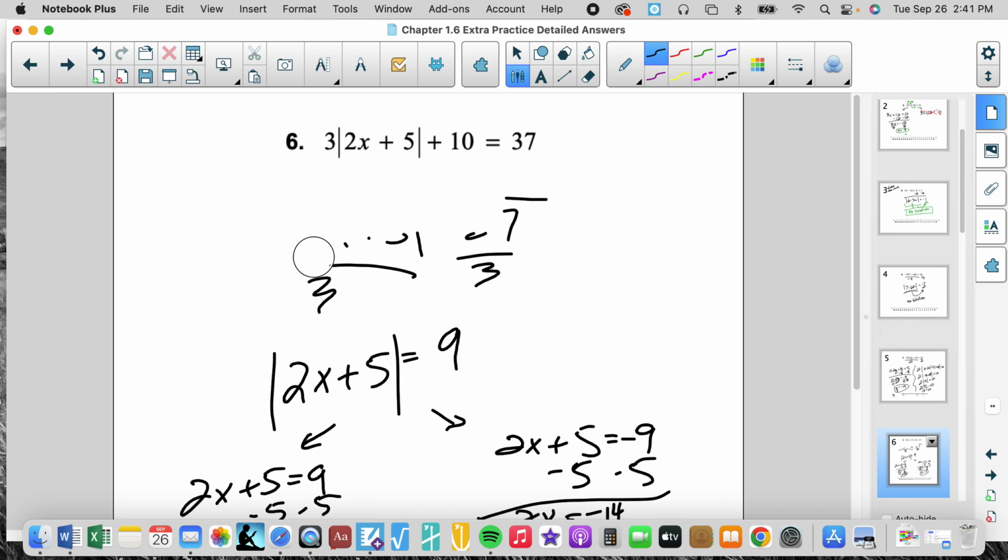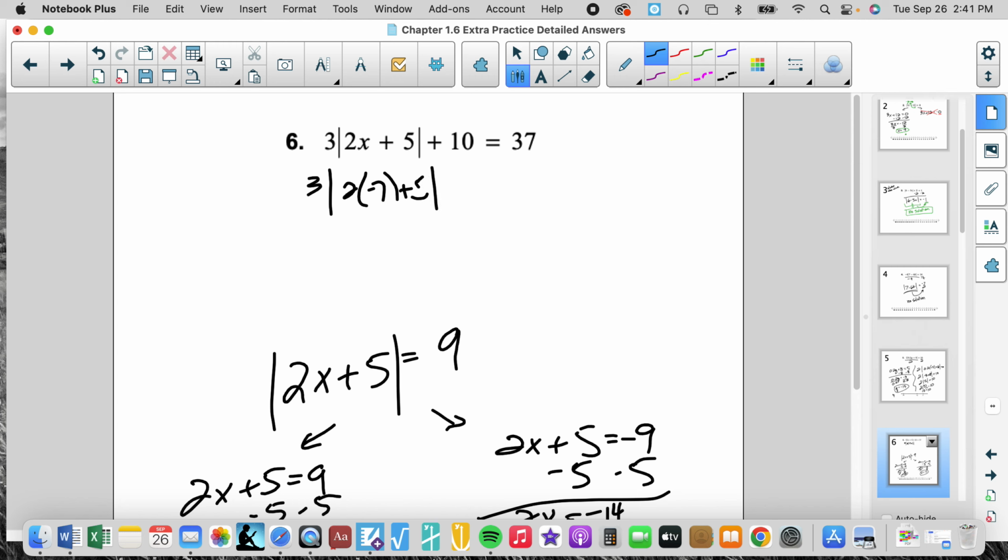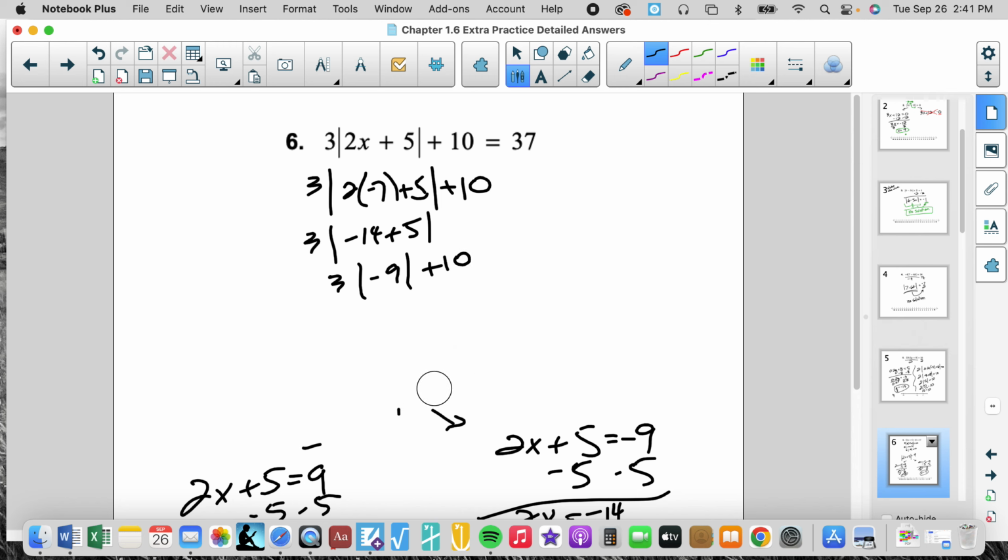So if we plug in -7, 2 times -7 is -14 plus 5 is -9. And that's negative. Ooh, almost made a mistake. Absolute value of -9 is 9. And we get 27 plus 10, which equals 37.